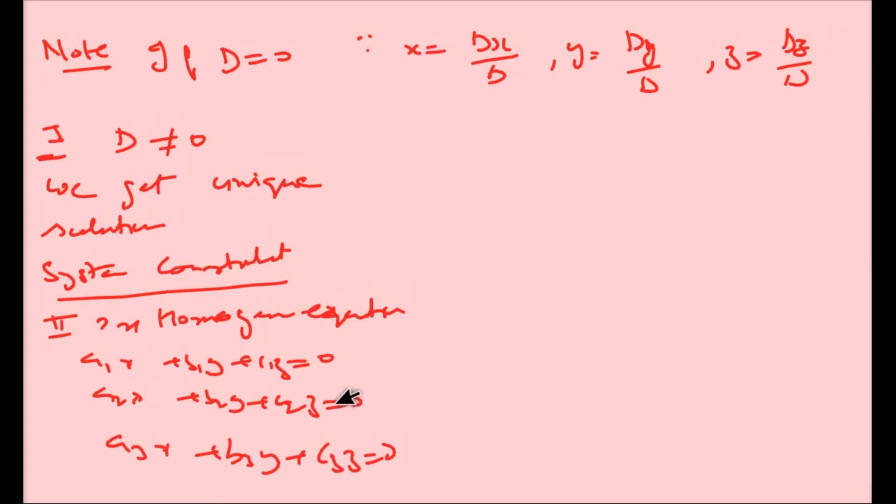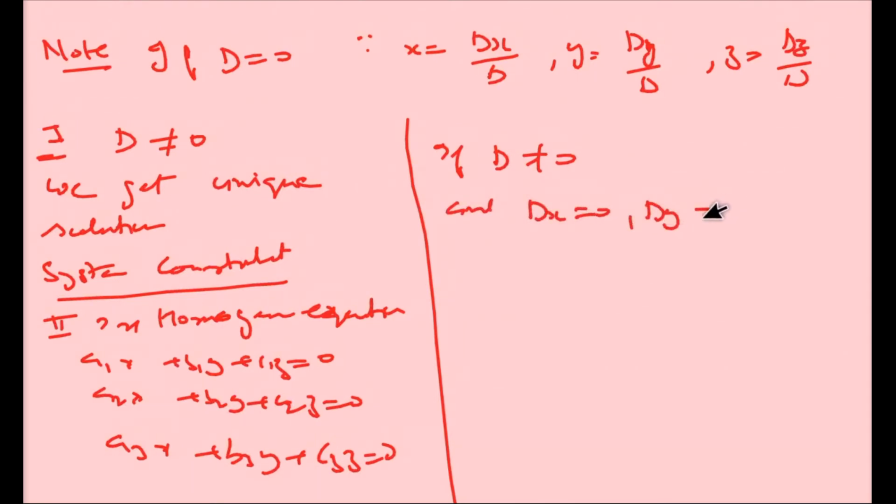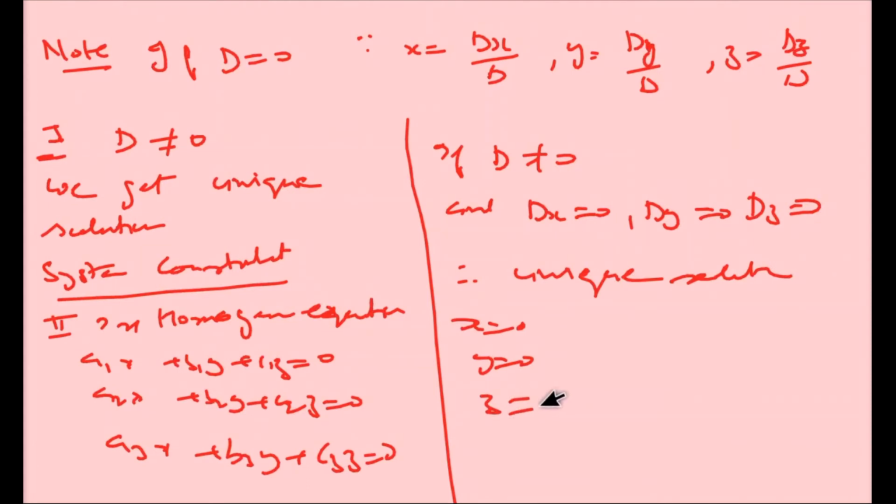Then d1, d2, d3 are 0, so dx, dy, dz are 0. If d not equal to 0 and dx equal to 0, dy equal to 0, dz equal to 0, since this is 0, hence unique solution, and the solution will be x equal to 0, y equal to 0, z equal to 0. This is known as the trivial solution.